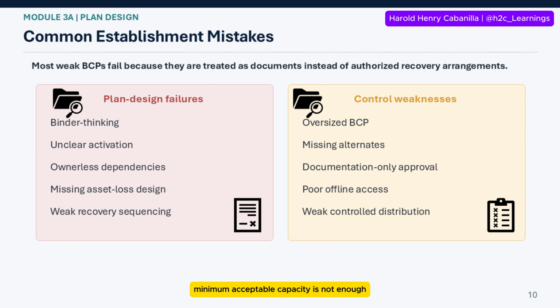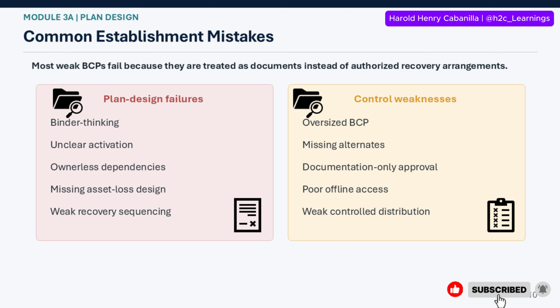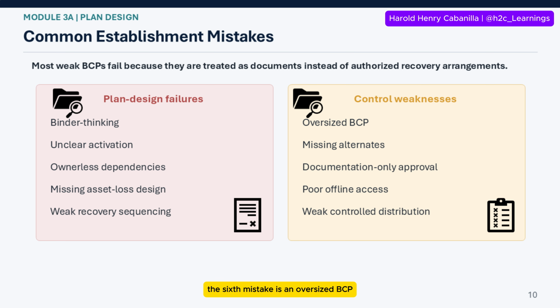Minimum acceptable capacity is not enough if the plan does not identify prerequisite dependencies and the order in which recovery must occur. The sixth mistake is an oversized BCP. When specialist plans, detailed technical procedures, and uncontrolled lists are forced into the core plan, usability declines.